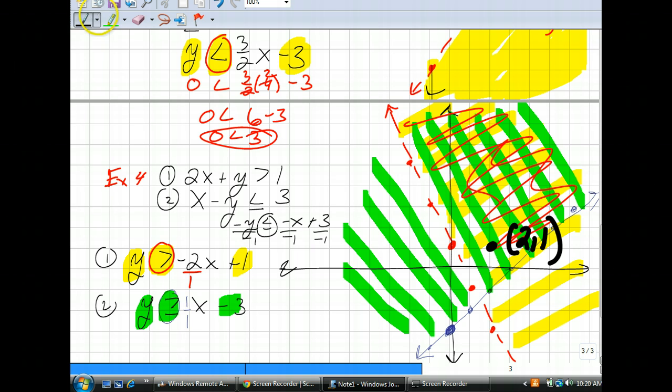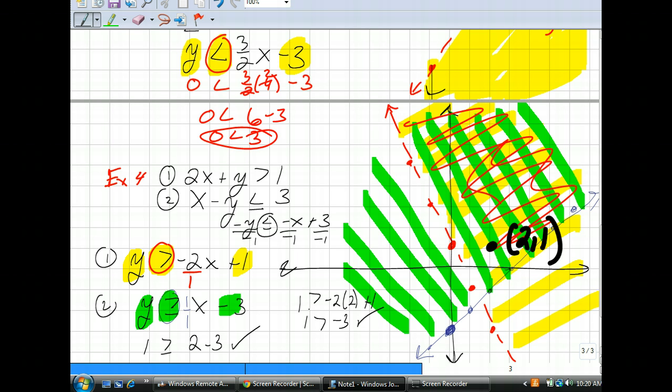So if I do inequality 1, I would get 1 is greater than -2 times 2 plus 1. 1 is greater than -3. That is true. And if I put it in this one, 1 is greater than or equal to 2 minus 3. I get 1 is greater than -1. Those are both true. Okay, so I did the correct spot.